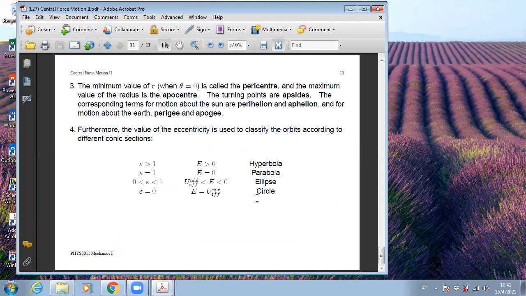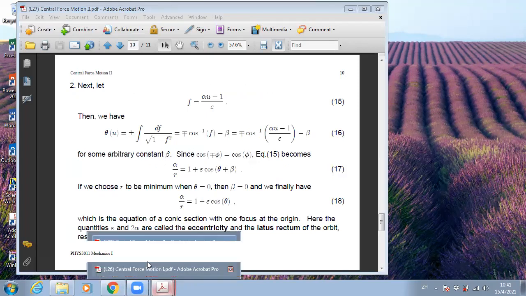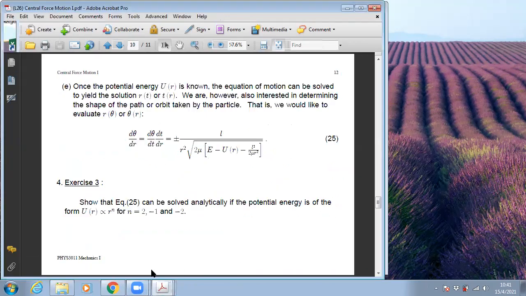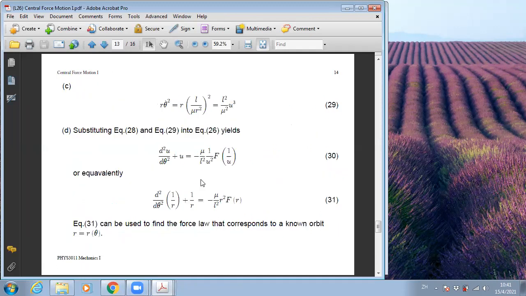On the other hand, we can also go back to this equation 30 or equation 31, right? If we have equation 30 and we have the inverse square law, so F over U is actually proportional to r squared, right?